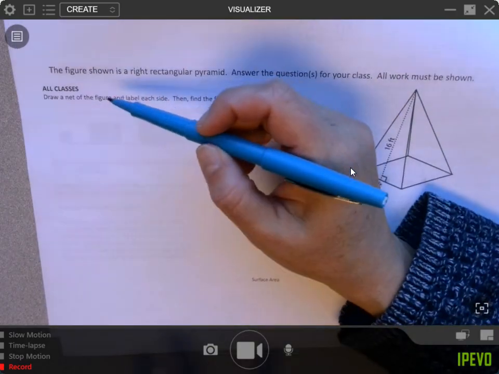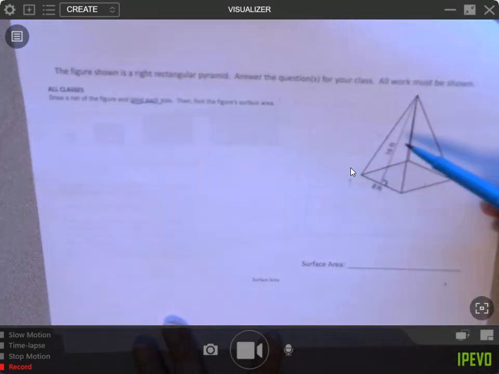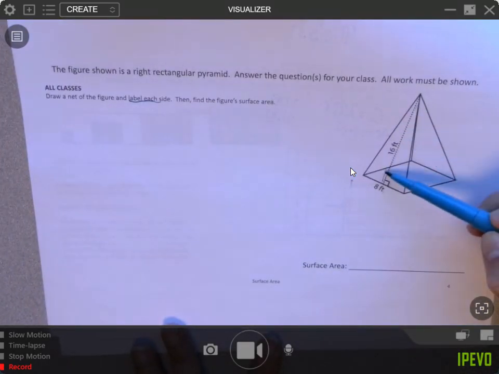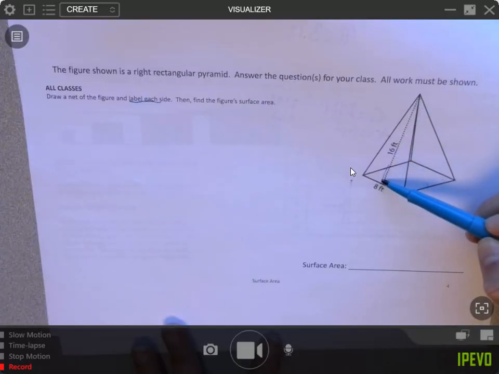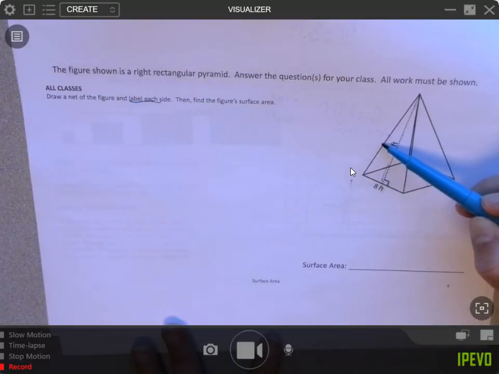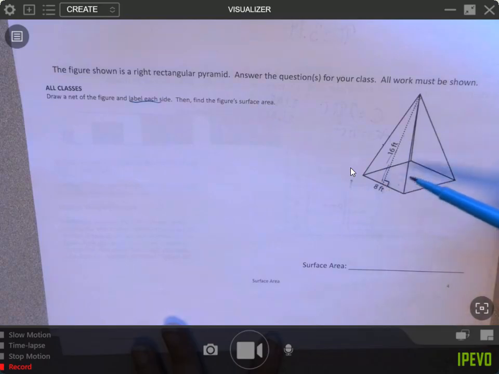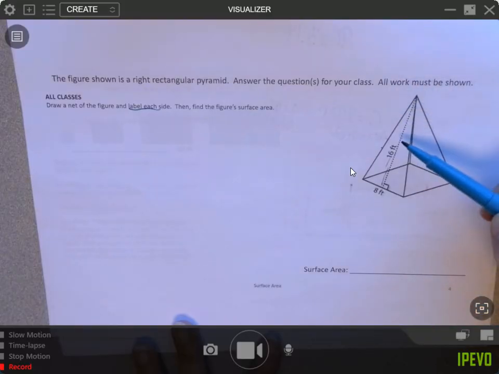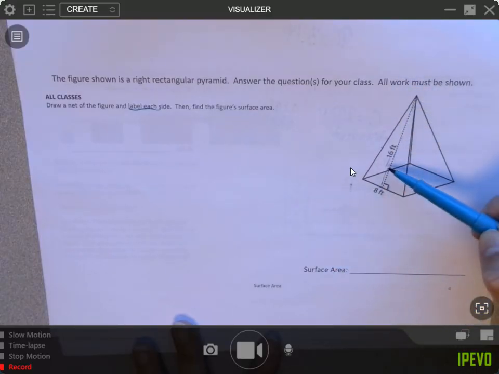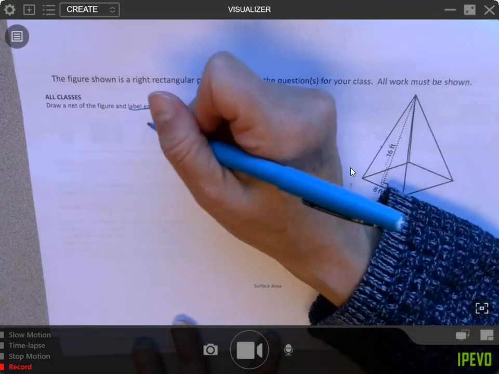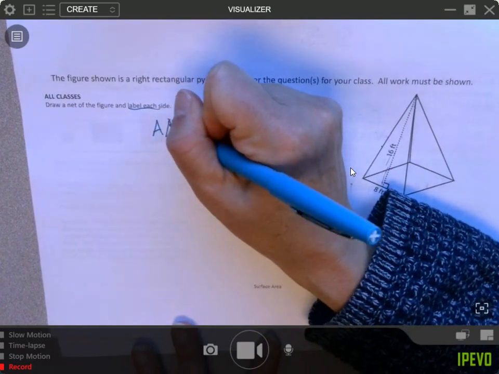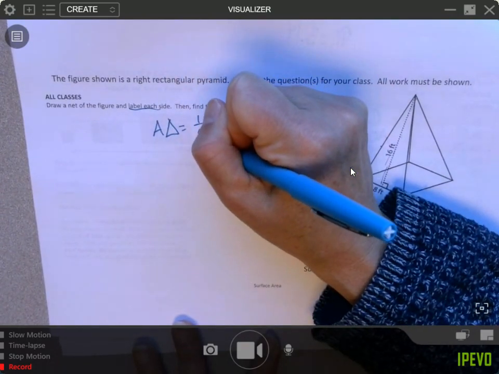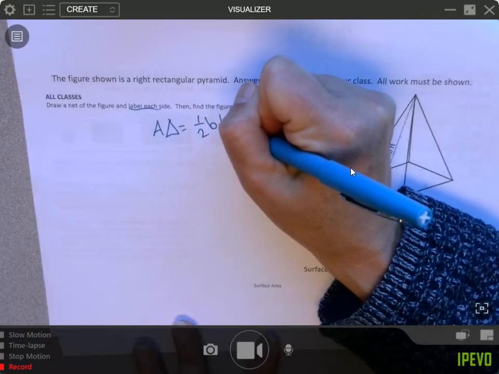Make sure you're labeling each side. Notice that we do just have the height of that triangle, so we don't have to label the edges. We can just label the heights. Then we have to find the surface area. So in order to find the surface area, we need to find the area of each triangle. Keep in mind that the area of a triangle is 1/2 of the base times the height.